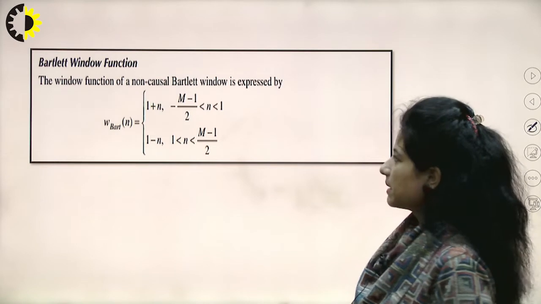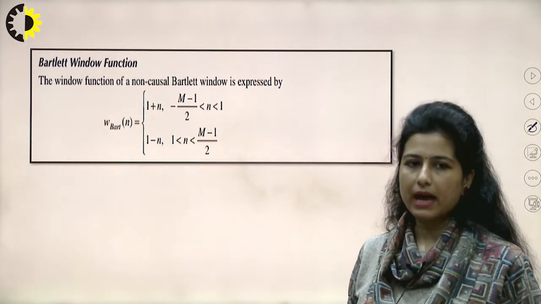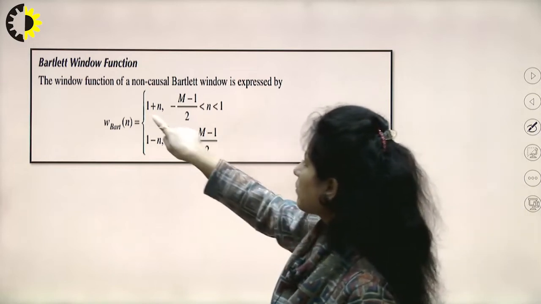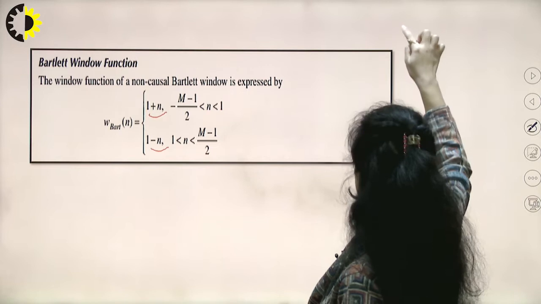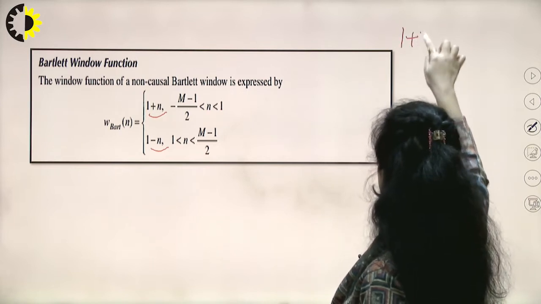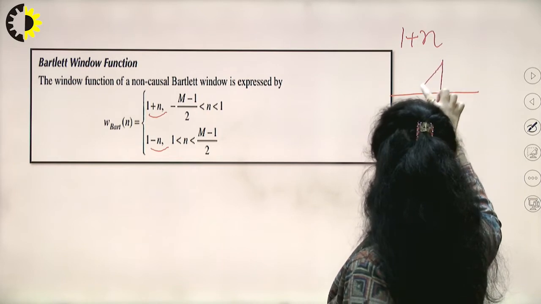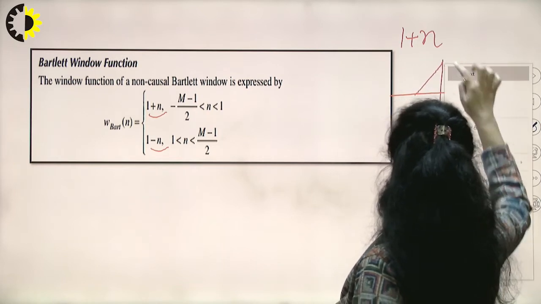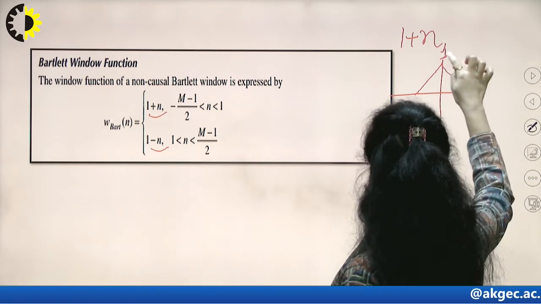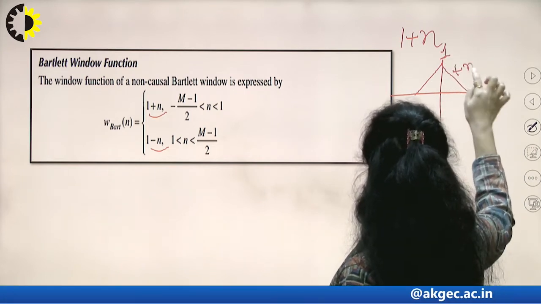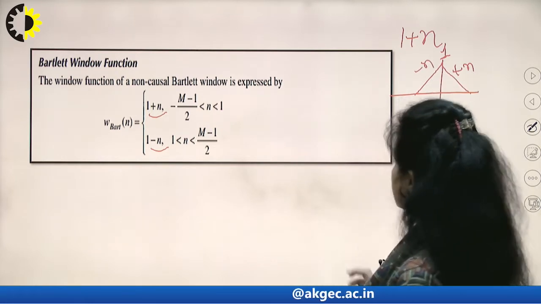Another window is my Bartlett window. Now this is something different from my Hamming and Hanning or Blackman window. You'll see here I'm not using any cosine function. When I talk about 1 plus n, that means I have a certain window which is rising and falling. This is certain value 1. You increase the number of the sample, you decrease the number of the sample, and I get a certain kind of response.